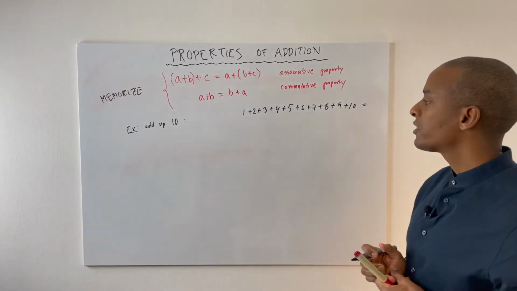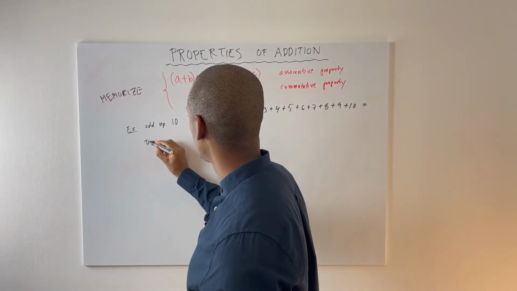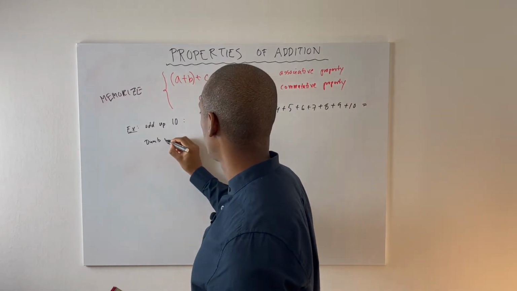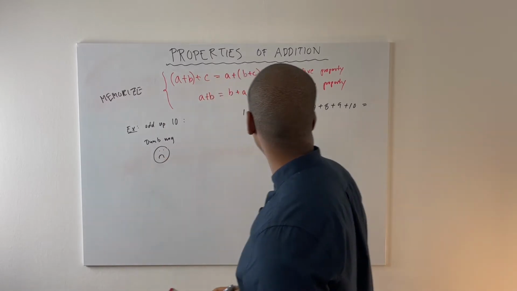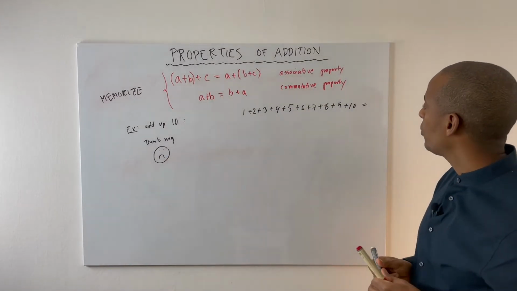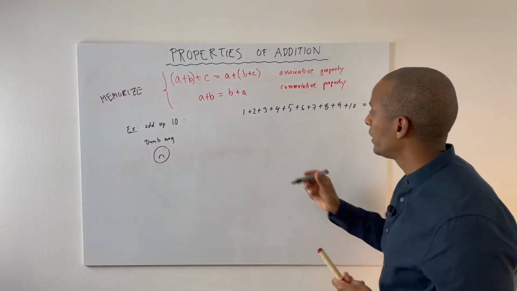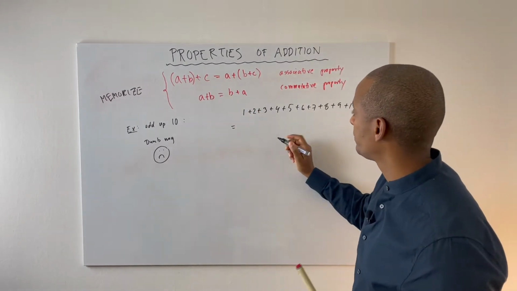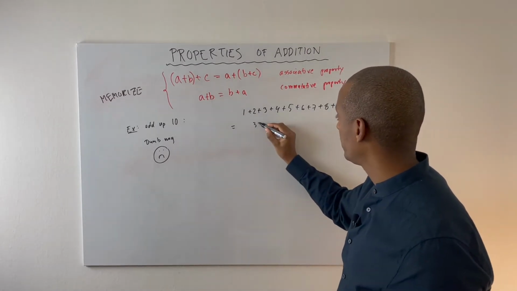And let's do it the dumb way. The dumb way is we're going to take each addition step by step. So it's going to be 1 plus 2, that's equal to 3, and all this will carry over.